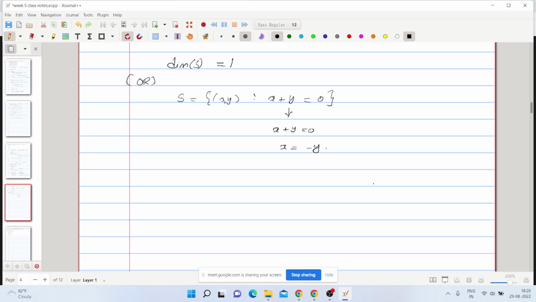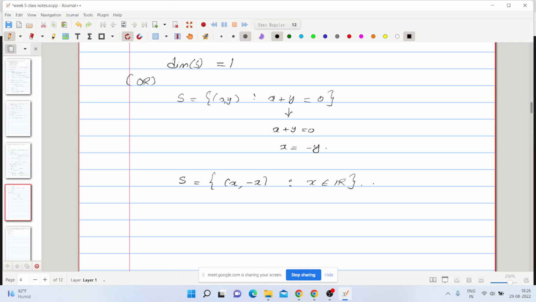Or if we have the y value, we should have x as minus of y. That is, there is only one variable which determines both coordinates. That is, we can write S equal to the set of all x, minus x such that x is in R.